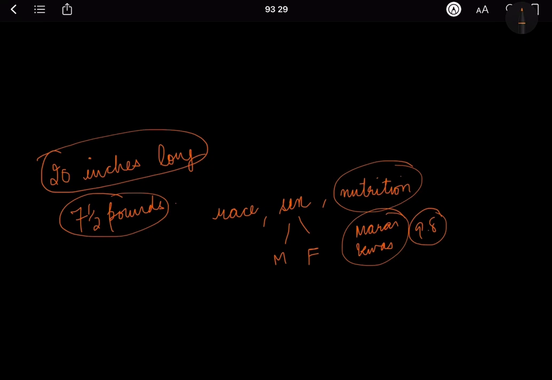Now if I have to tell you certain more aspects of it, I'll just tell you. When the baby gets born, it loses 10% of its weight.